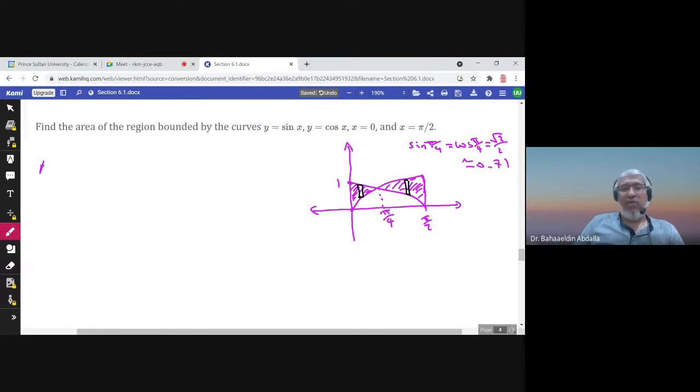So the area between the two curves would be, for the first region, I go from 0 to pi over 4.